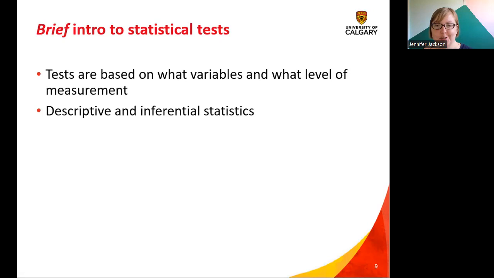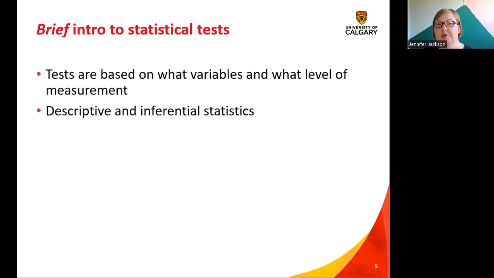This is a great workout to make sure I've got all of my elocution and pronunciation going this morning. So inferential statistics are things like regression analysis, correlation analysis, cross tabulations. There are many resources that can go into each of those in more detail, but basically inferential statistics is where you answer your research question.